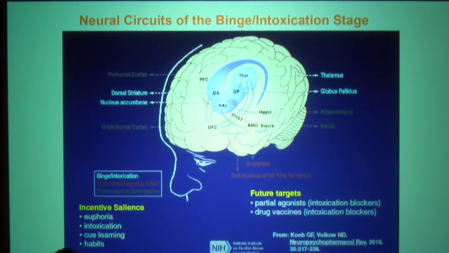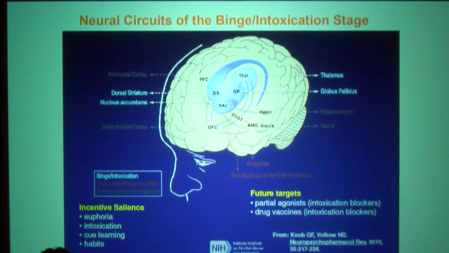And what happens in this stage is 2 things. So one is, different peptides, primarily dopamine and opioids, flood this system and cause euphoria, that sense of intoxication. But they also create this really interesting phenomenon called incentive salience, which is really more about cue-induced learning and habits.